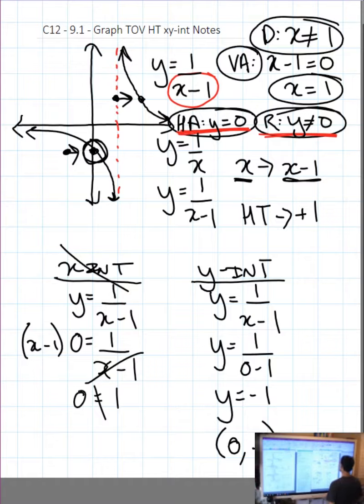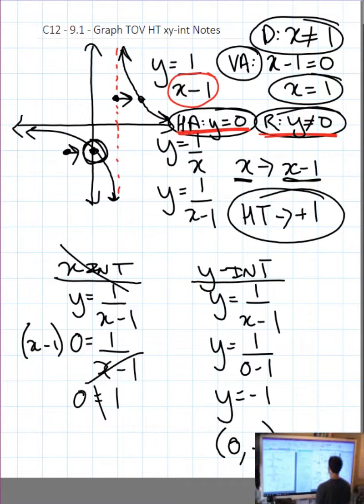So again, we're looking at vertical asymptotes, domain, horizontal asymptotes, range, the graph of the function with transformations, x and y intercepts, and then other things we're going to be talking about. As x gets really, really, really big, y gets really, really small.